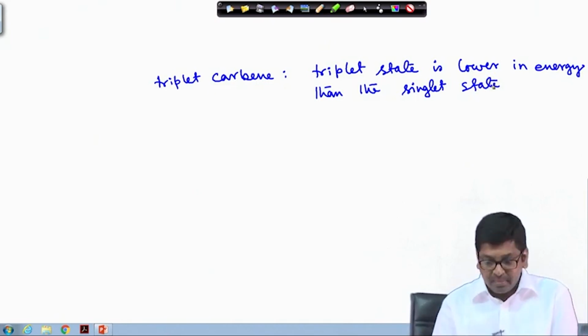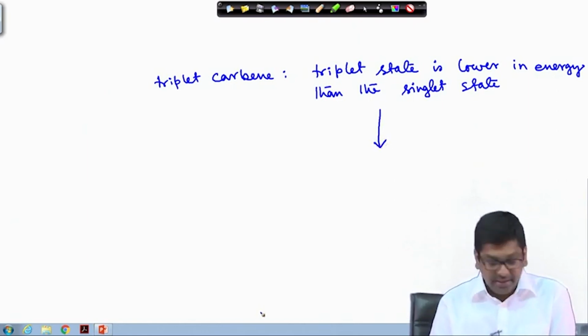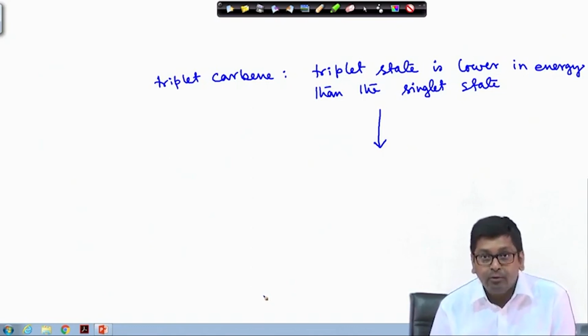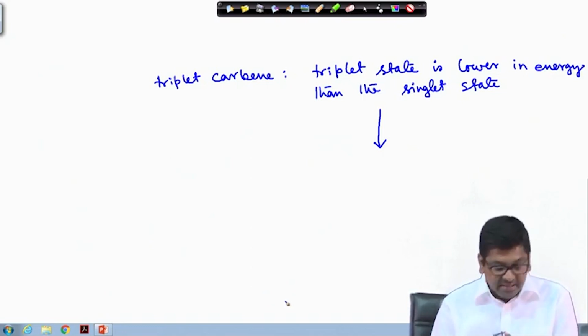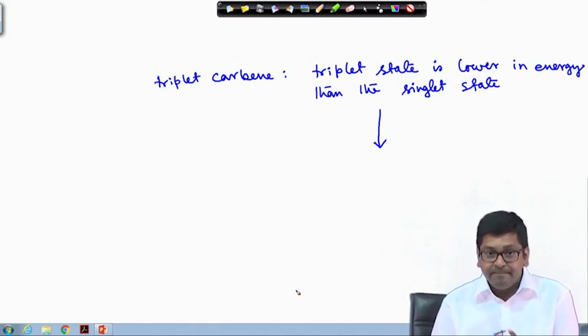What does it mean? It means that the repulsion between the two electrons in a single orbital is higher than the energy gained by bringing the p orbital electron down into the sp2 orbital. If some carbene is singlet, there will be two electrons in the same orbital, so there will be some repulsion.